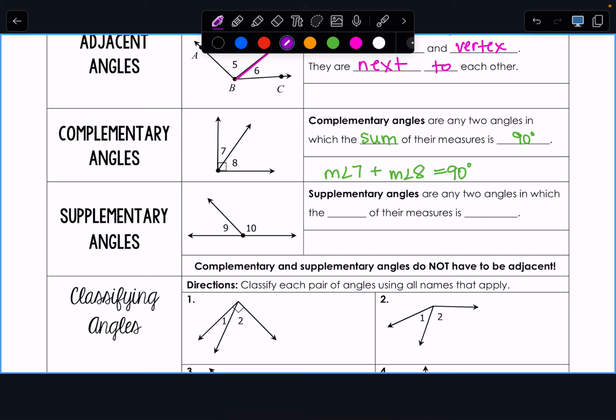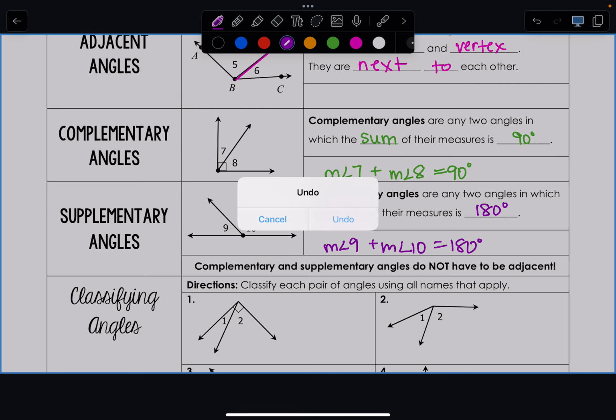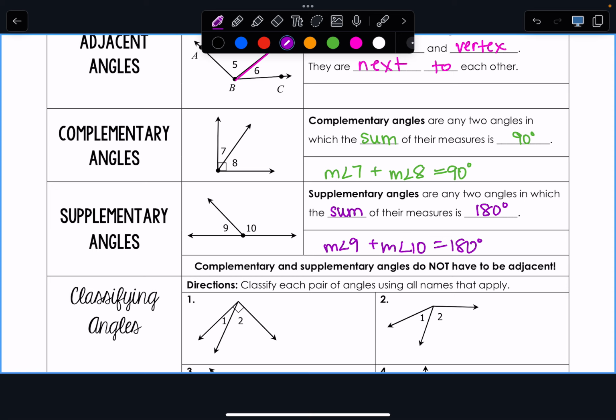Supplementary. Any two angles where the sum is what? 180 degrees. So supplementary means when we add our two angles together, it equals 180 degrees. Now, sometimes it'll give us like, this one's 60 and this one's 120.